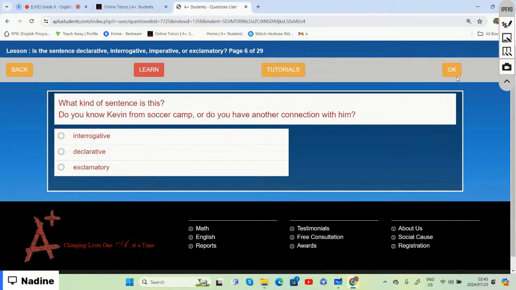What kind of sentence is this? So, is it interrogative, declarative, or exclamatory?